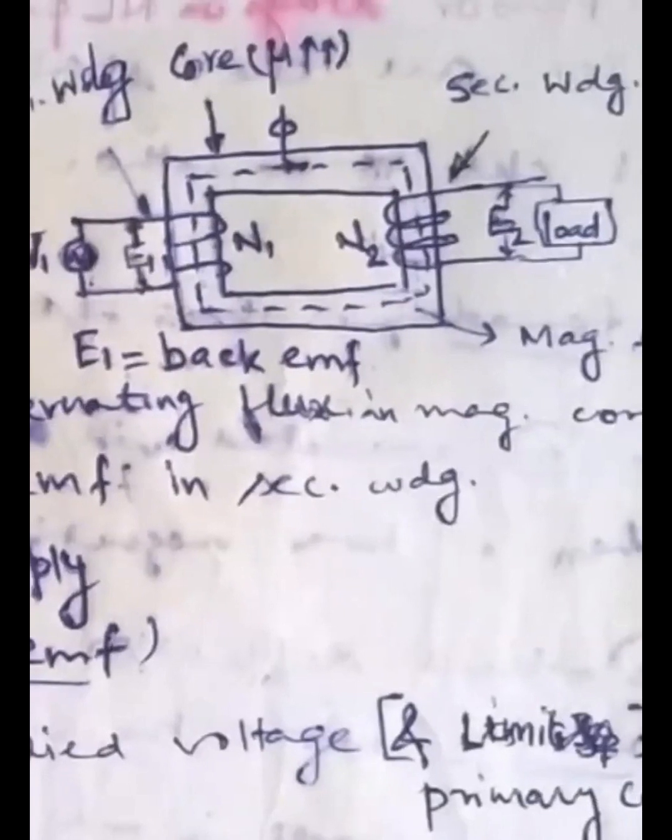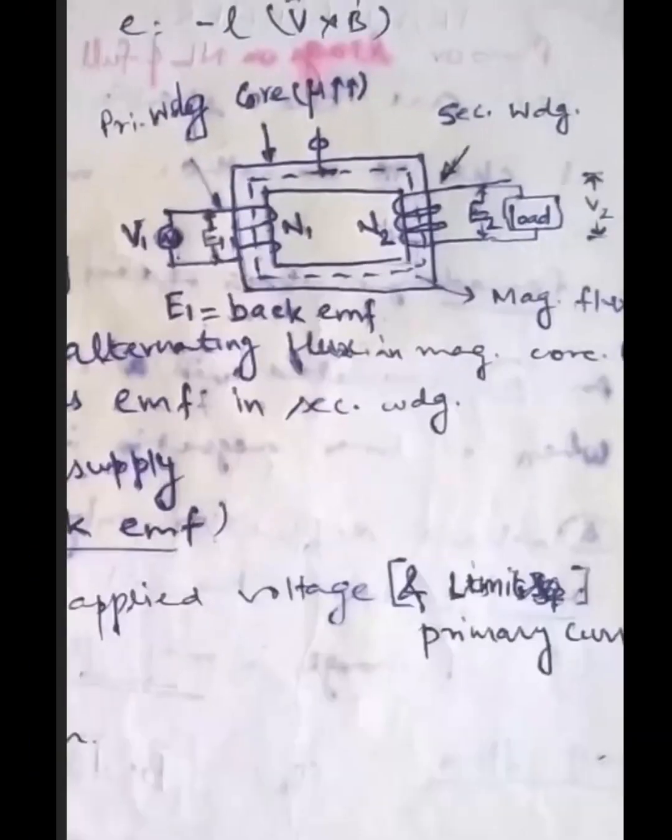construction of the transformer. The middle portion is the core of the transformer, and it is made up of ferromagnetic materials or any other material in which the permeability is very high. N1 and N2 are the number of turns of the primary winding and the secondary winding.